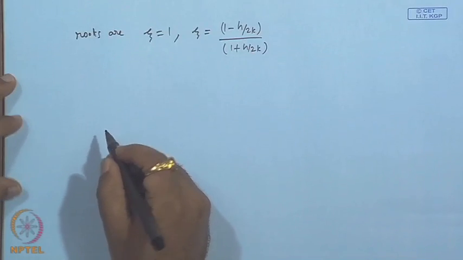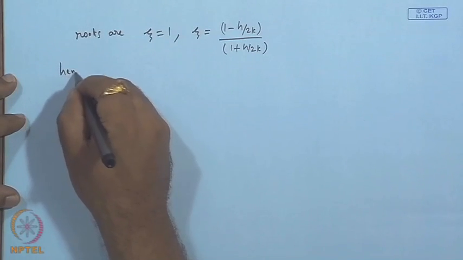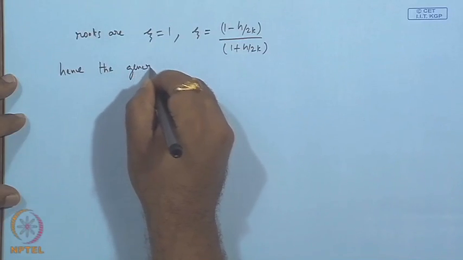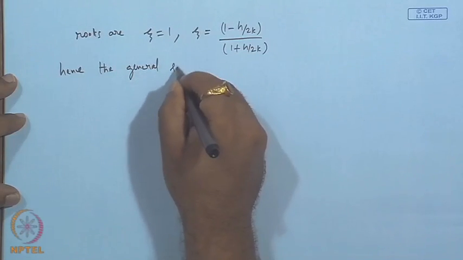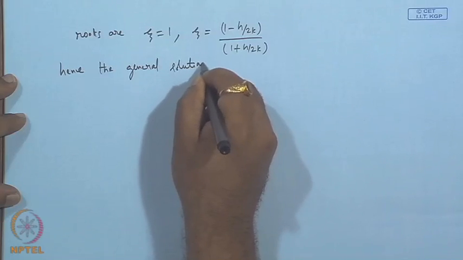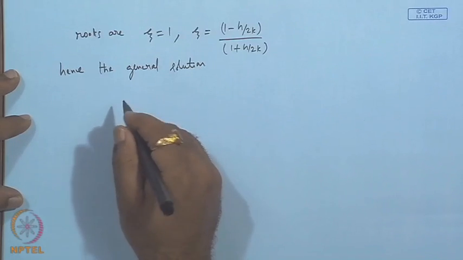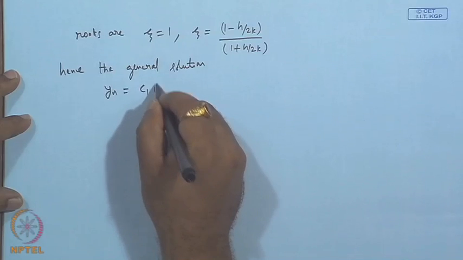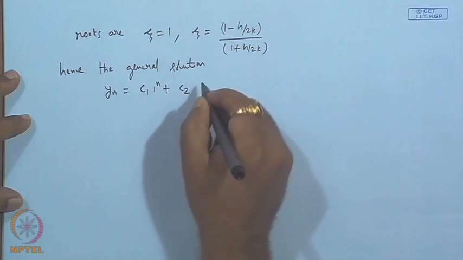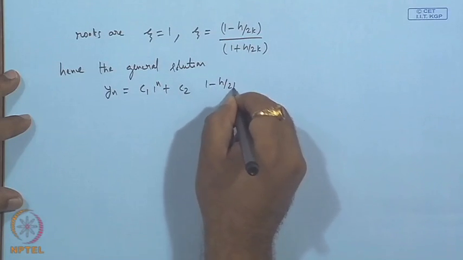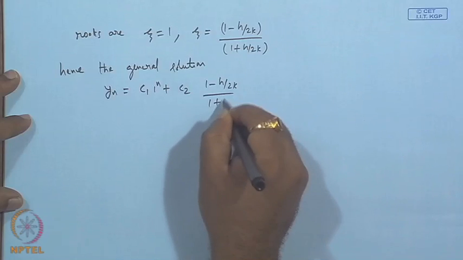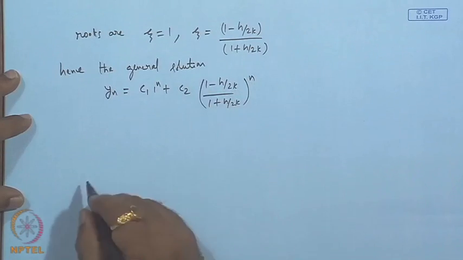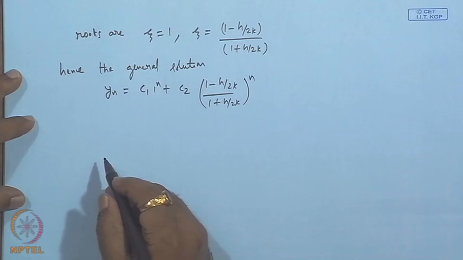The roots are this, hence the general solution is given by y n equals C 1 times the first root to the power n plus C 2 times the second root to the power n.